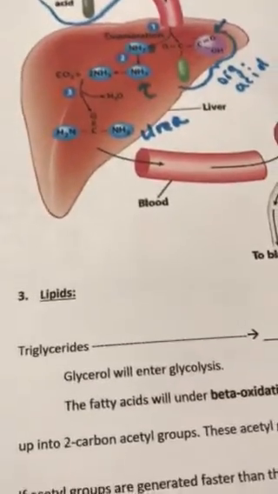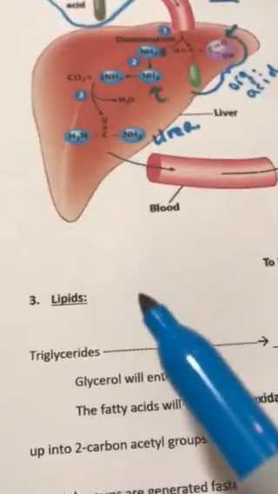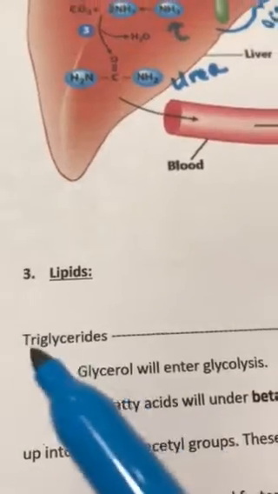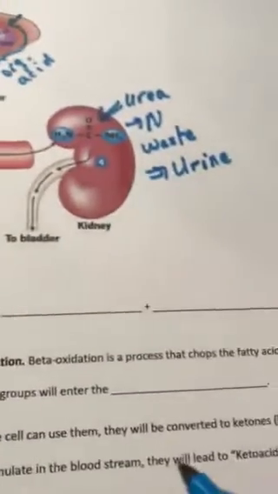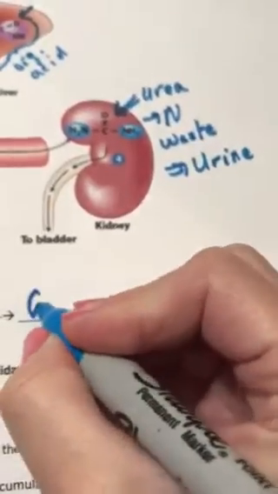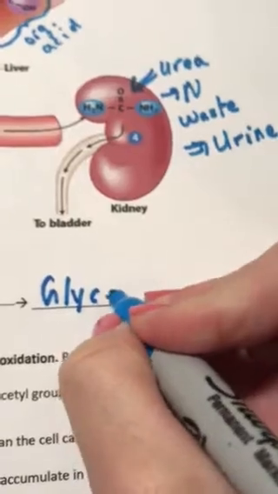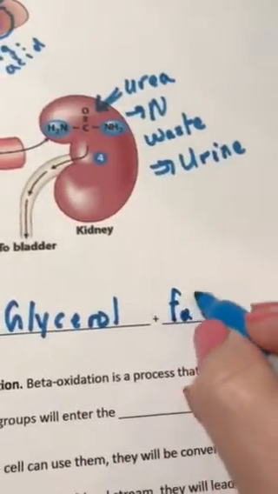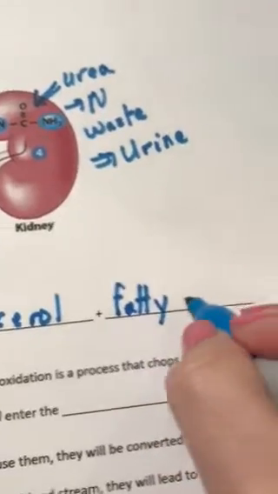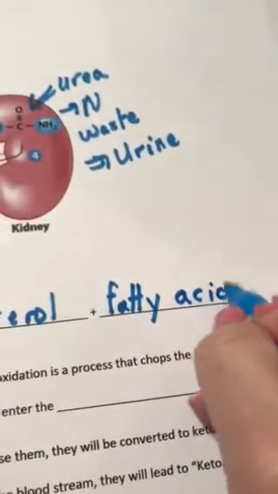Now lastly, you see lipids. So lipids, again, can be called triglycerides. Those are our neutral fats. They are going to get hydrolyzed into 2 monomers: glycerol and fatty acids. This is a concept that we looked at in the biological molecules lab.